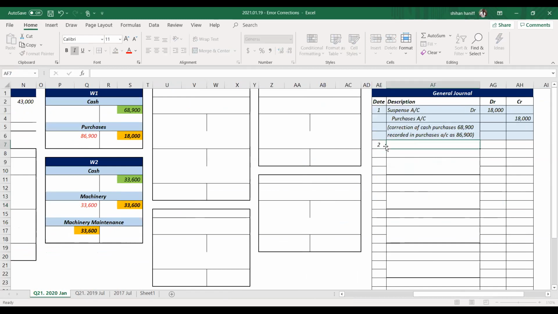Number 2, machinery maintenance debit 33,600. Machinery account credit 33,600.